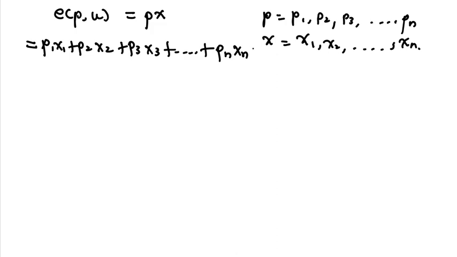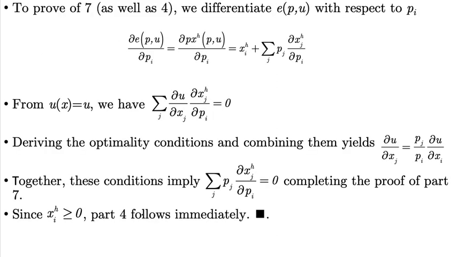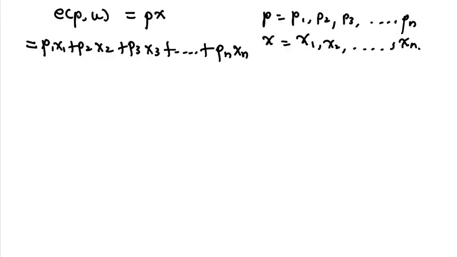In order for us to show that Shephard's lemma exists, we need to differentiate the expenditure function with respect to price. When we differentiate it with respect to price, we can get the Hicksian demand function. So let's say i refers to 1, 2, until n.